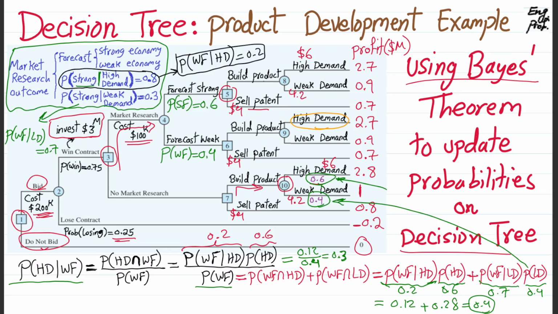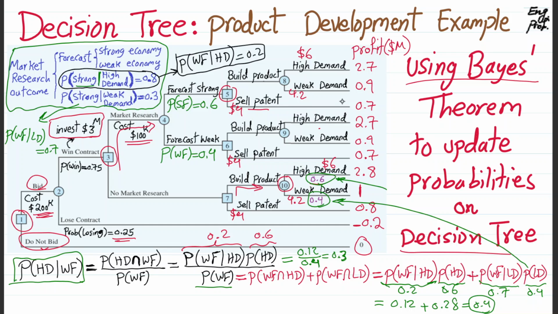So we found it. So we're going to write this is the probability of high demand given weak forecast. So we are in weak forecast, and we are going to high demand. So I am going to write here under this branch, 0.3.